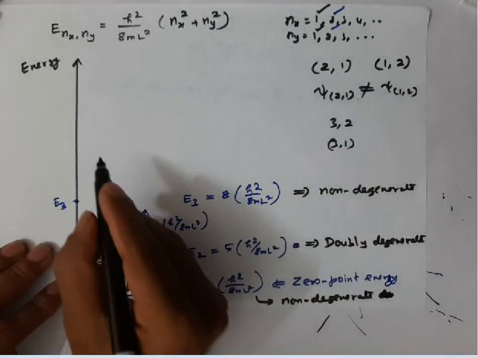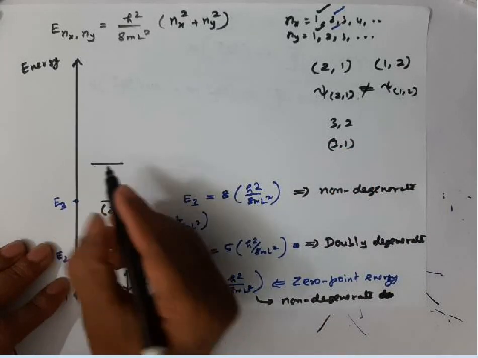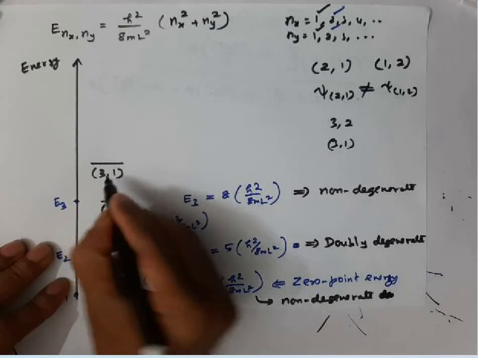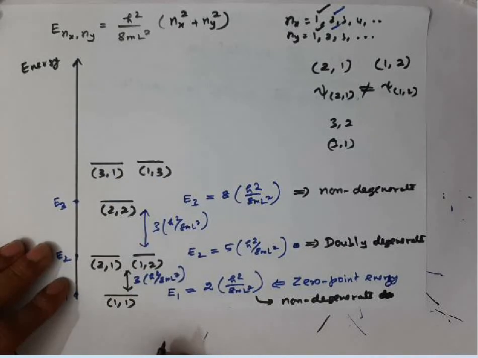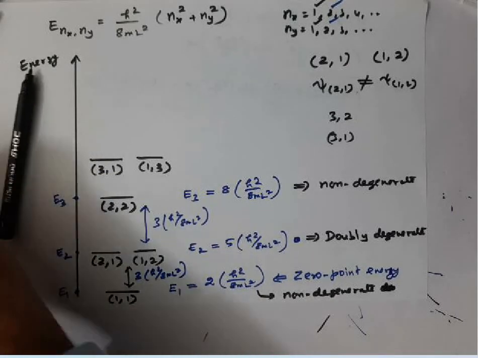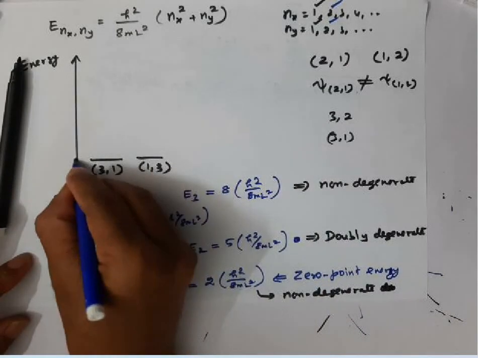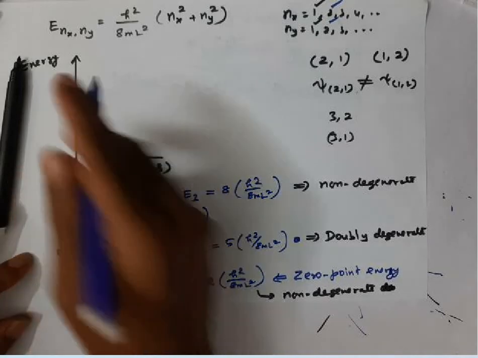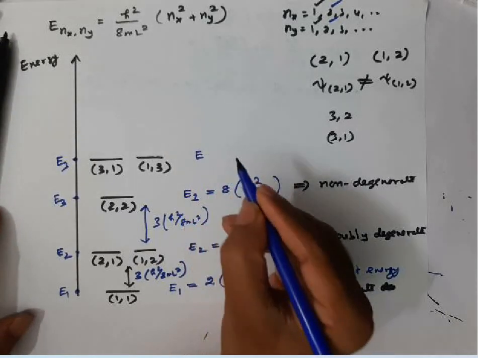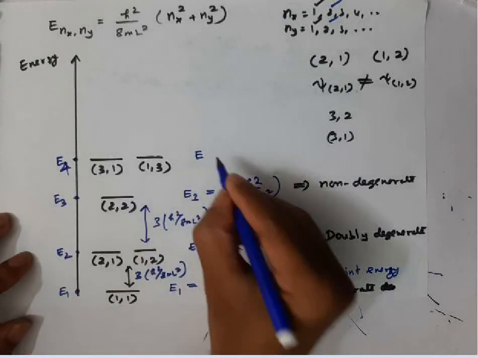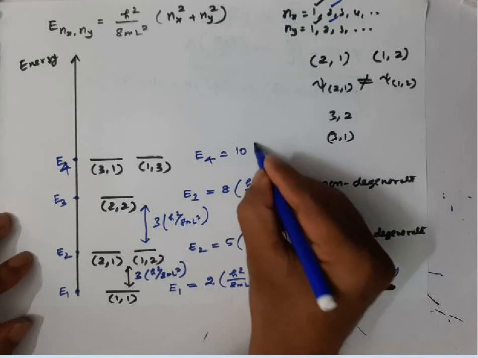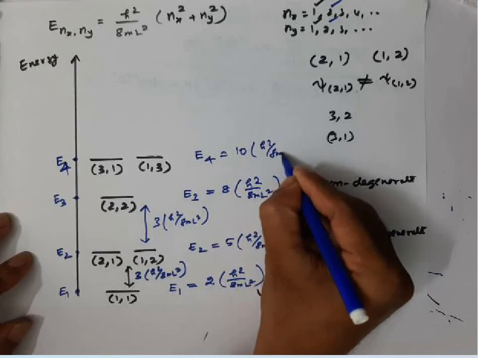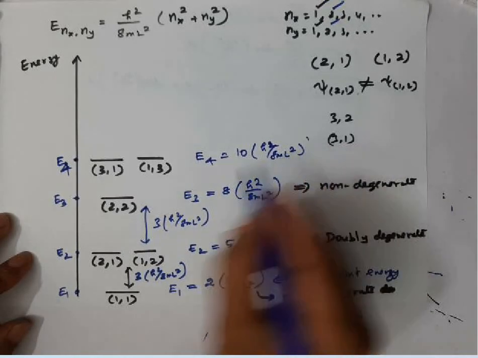So the next states are 3, 1 and 1, 3. These two states have the same energy, which is the energy of the third excited level, given as E4. E4 equals 3 square 9, 1 square 1, so 9 plus 1, 10, so 10 times h square by 8ml square.